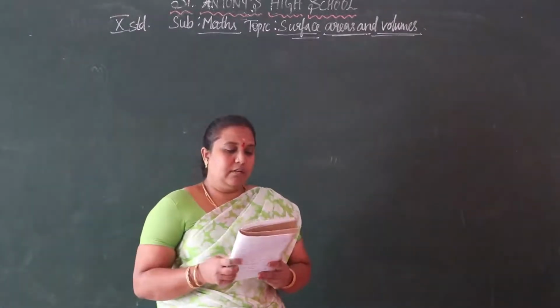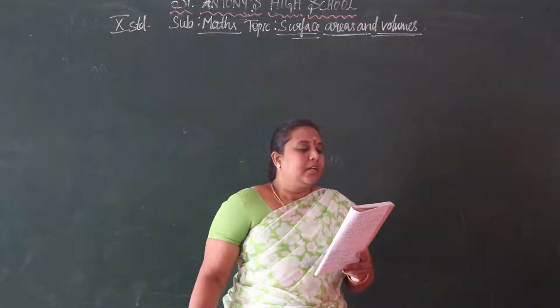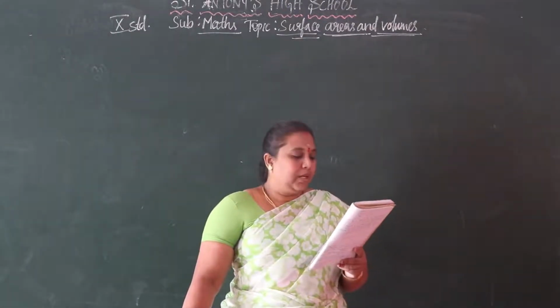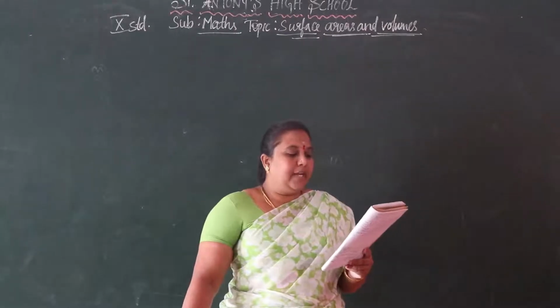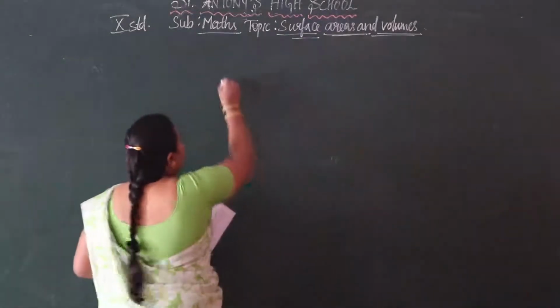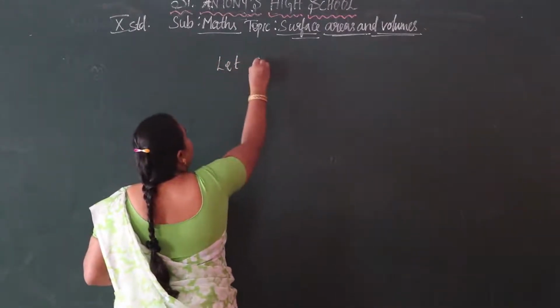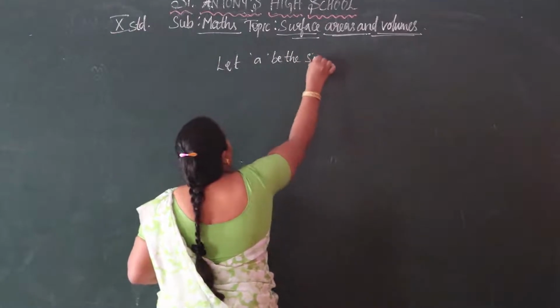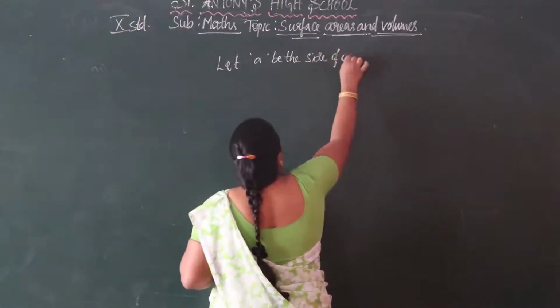Okay. So here, see, 2 cubes each of volume 64 centimeters cube. Okay, so let the length of the edge of each of the 2 cubes be A. Okay, so let A be the side of a cube.